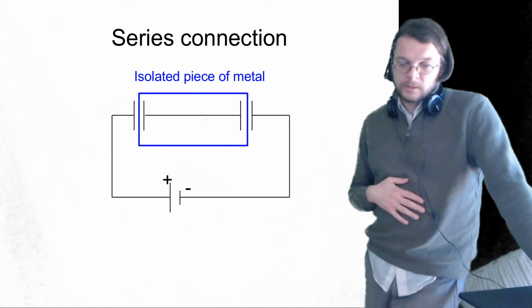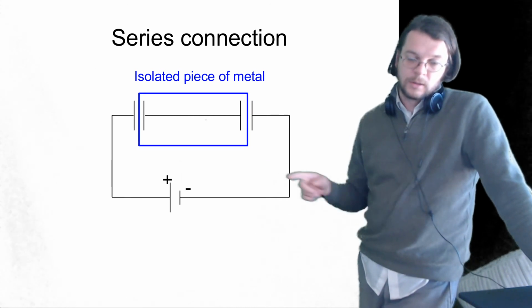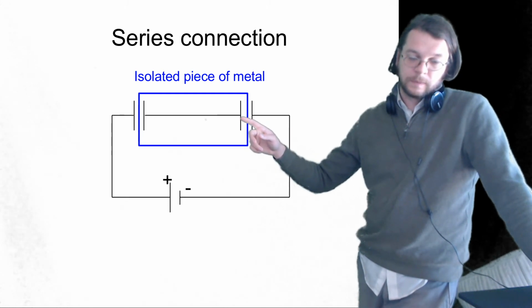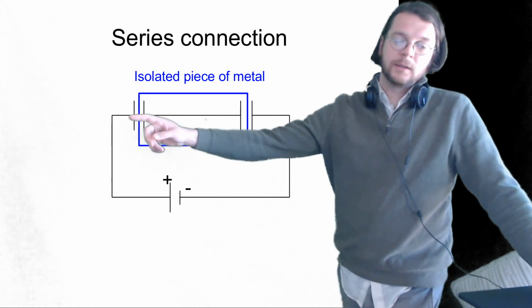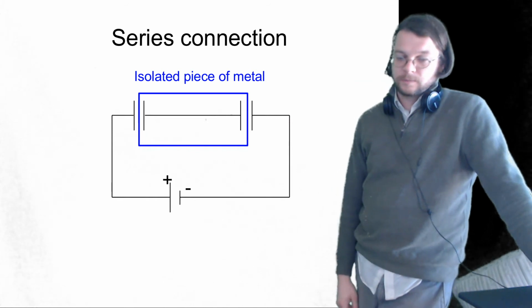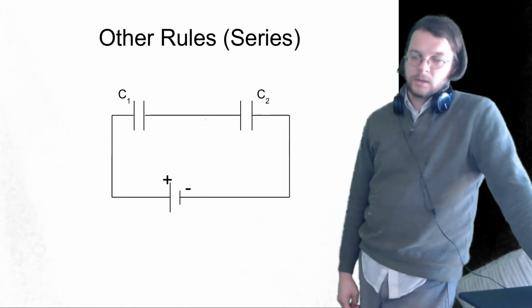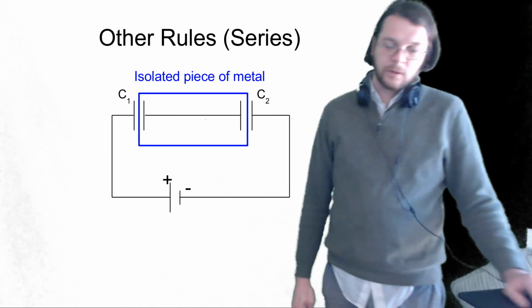Now we're going to think about these series circuits again, and it's important to note that there is no electrical connection from this side to this side, and from this side to this side. There's no wire connecting one end to the other. That means technically this is an isolated piece of metal. By isolated piece of metal, there's a couple of things we can conclude from that.